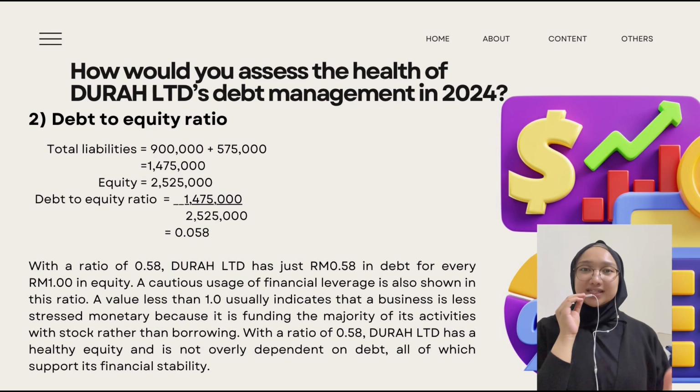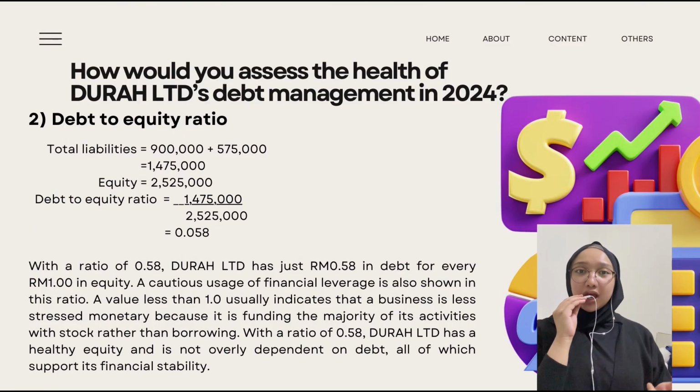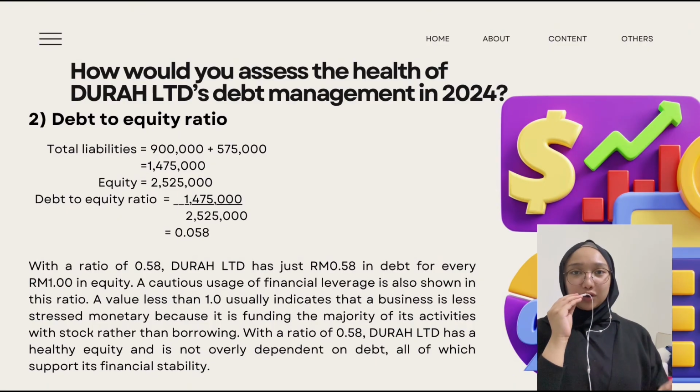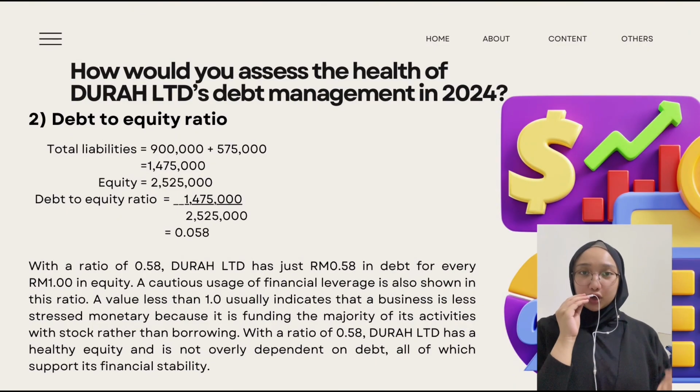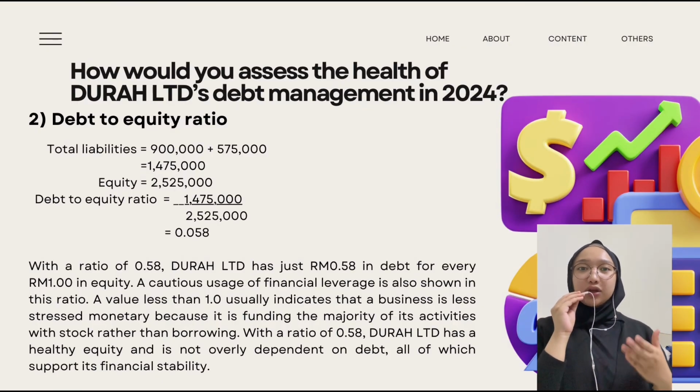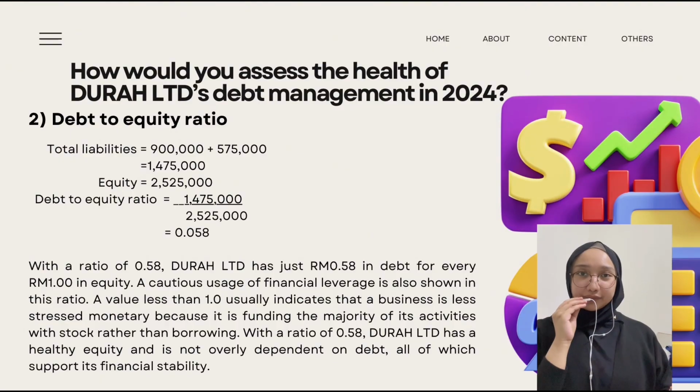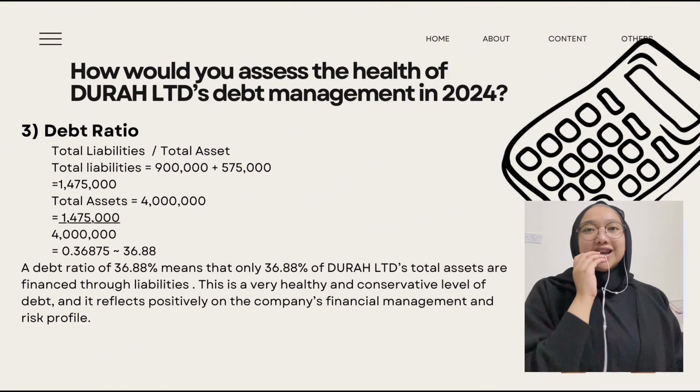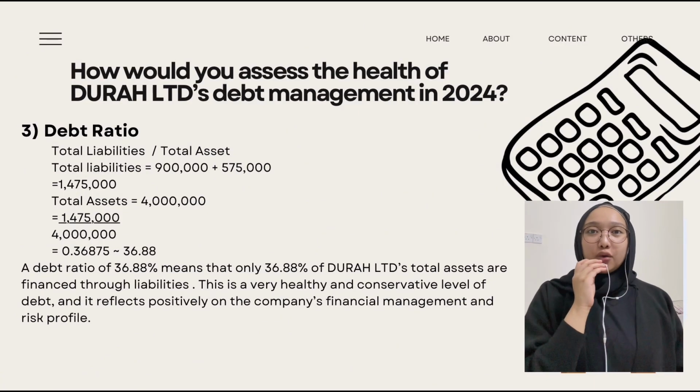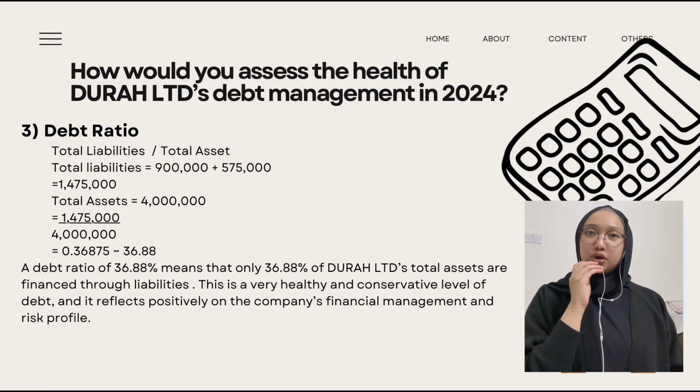A value less than 1 usually indicates that a business is less financially stressed because it's funding the majority of its activity with equity rather than borrowing. With a ratio of 0.58, Dura Ltd has healthy equity and is not overly dependent on debt, all of which support its financial stability.